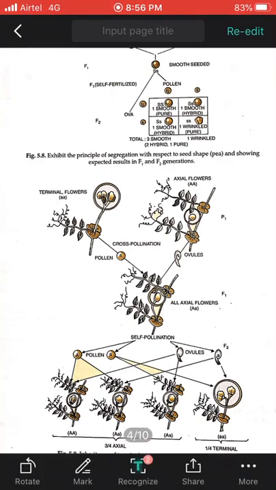You can see this in this figure as well. Here the cross is between smooth seed and wrinkled seed. Both mixed together form the same type of genotype and phenotype as in the previous diagram.